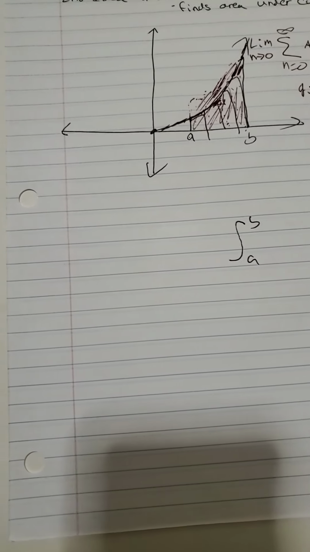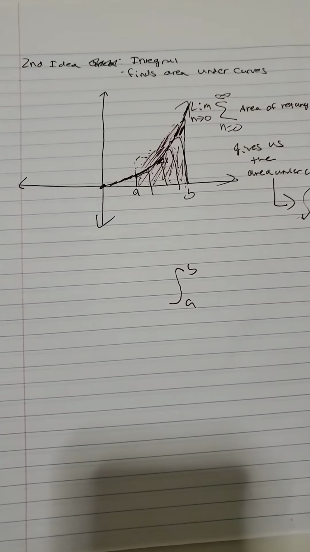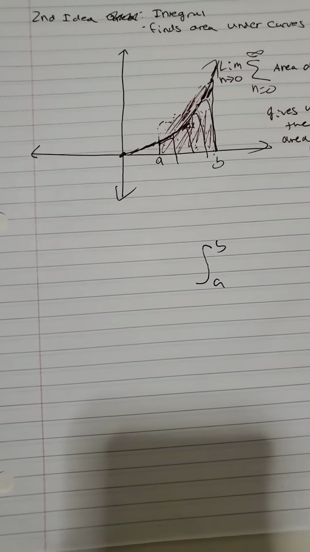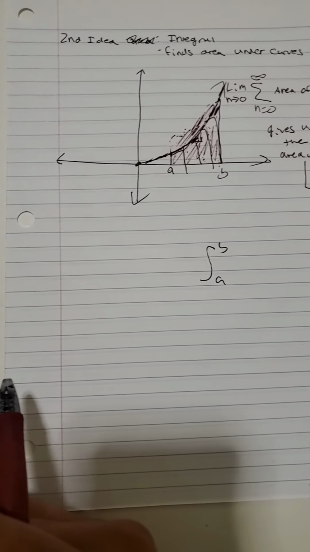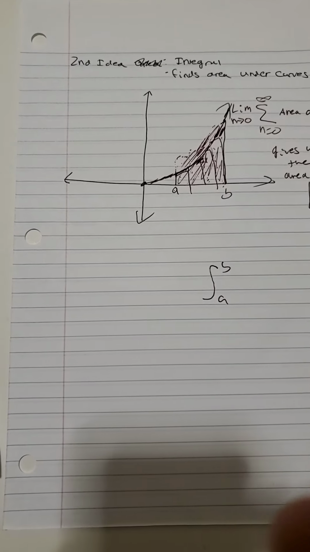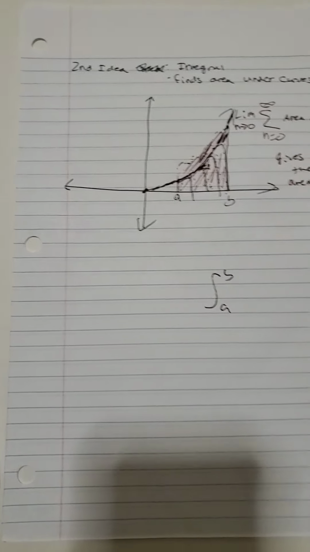The second idea, also known as the area problem, introduces the integral, which is the whole basis for second semester calculus. And we take these two ideas together to form what we know with math.